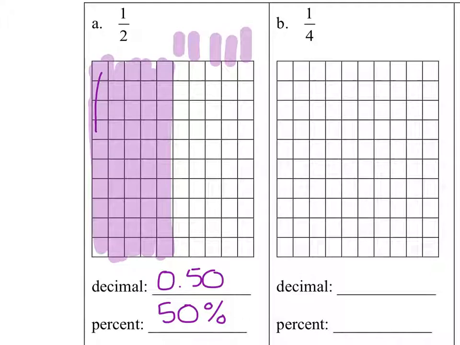Alright, this next one, B, I'm going to shade 1 out of every 4 rows. So I could shade this one, and that would be comparable with these 4 rows, right? And then if I shaded this row, it takes care of these 4 rows.